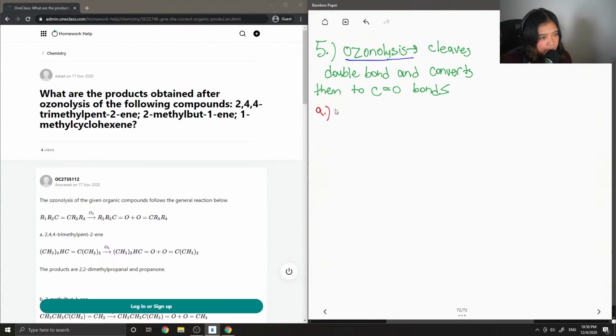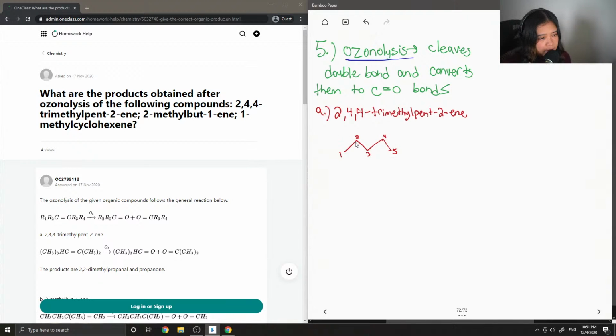So let's do the first compound, 2,4,4-trimethylpent-2-ene. If we were to draw it out, our parent carbon chain is 5 carbons long. 1, 2, 3, 4, 5. I'm going to number it to make it easier.